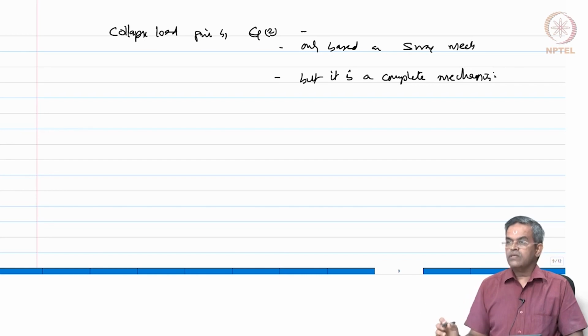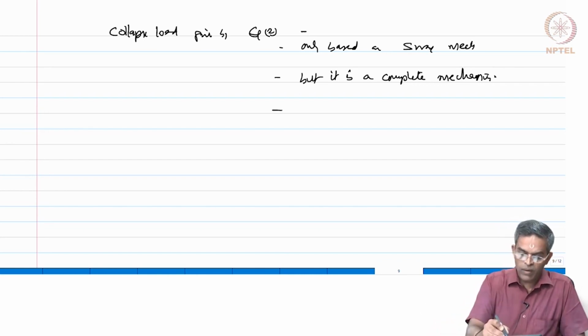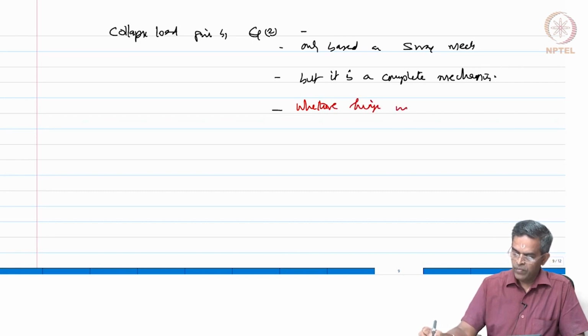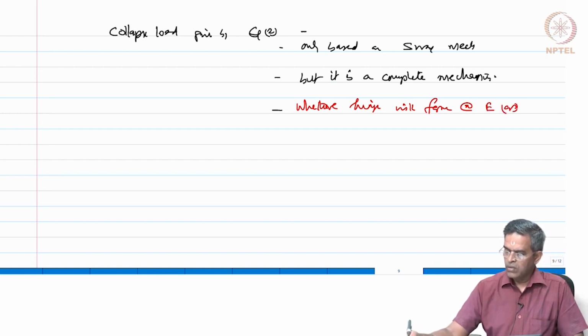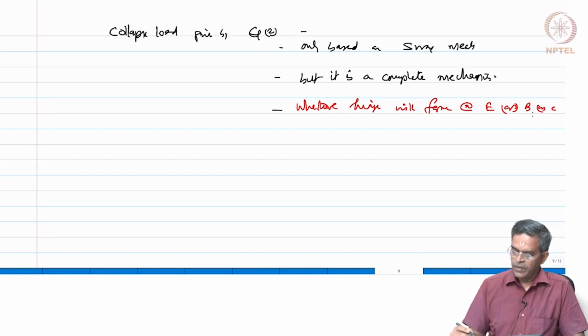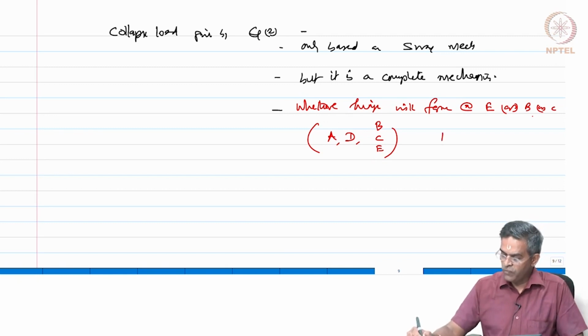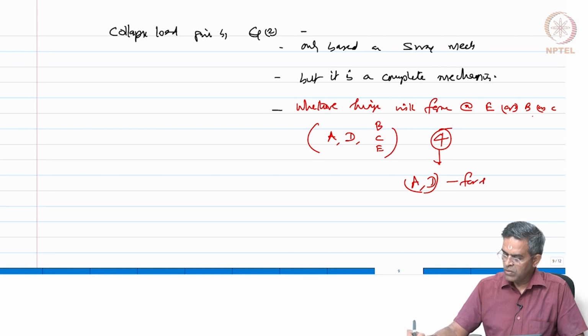But still there is a question whether the hinge will form at E or B or C. See, the possible locations are A, D, B, C, E. We have 5 locations, but we need only 4, out of which A and D are sure because they are supports, they are fixed supports.